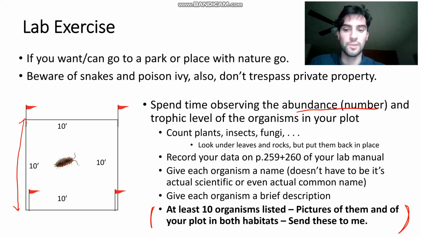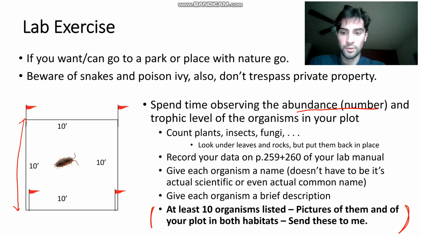So to get the species name, you just need to take a good picture of them. A year ago, when I taught this lab, we found 2 snakes and a turtle. So yeah, just be careful with poisonous, venomous snakes, which I think there are some here. But you can go to nature with no problem, just be cautious and respectful, right?